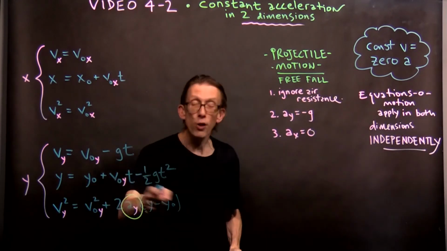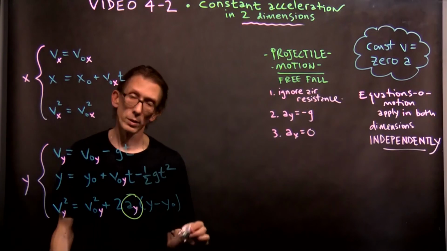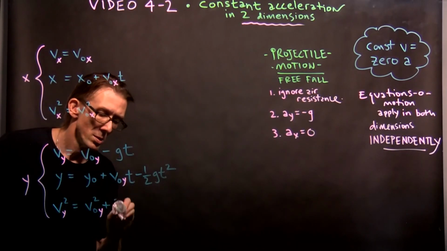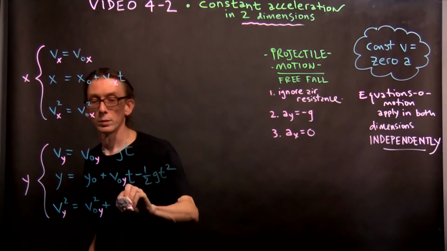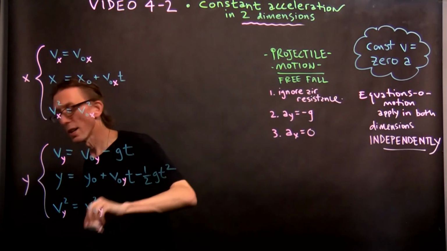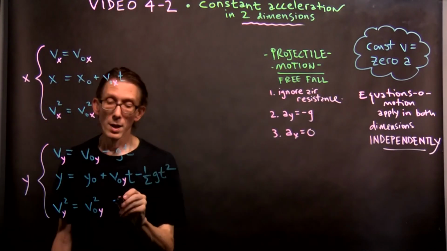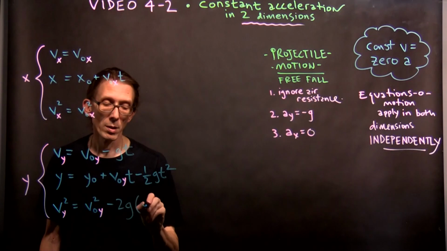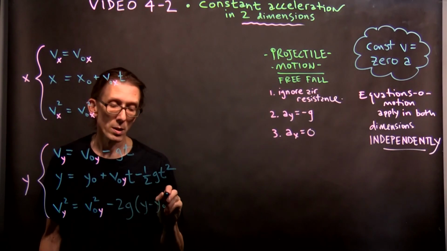And finally, the third equation in the y direction. The last term also has a g in it, so I'm going to pull the negative sign out front. It's minus 2g times (y minus y naught).